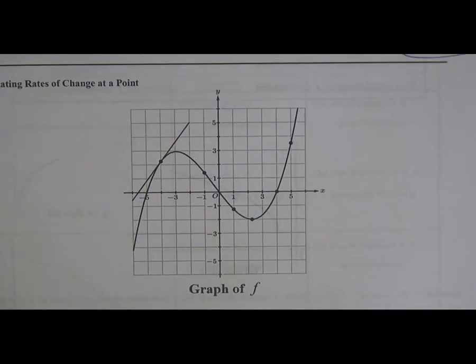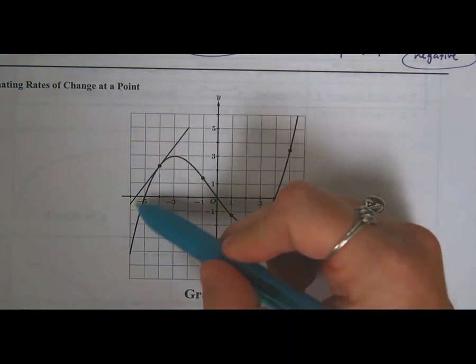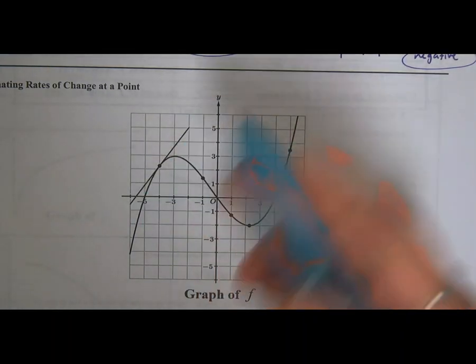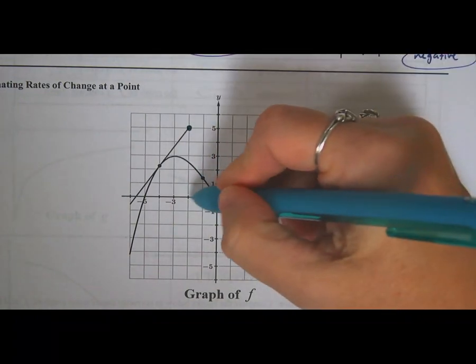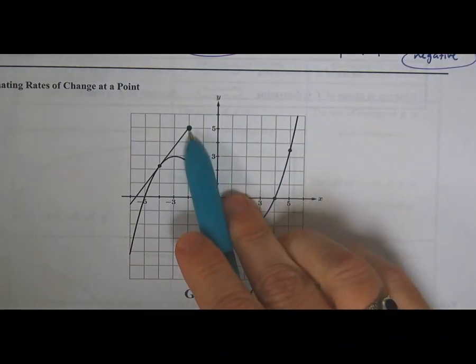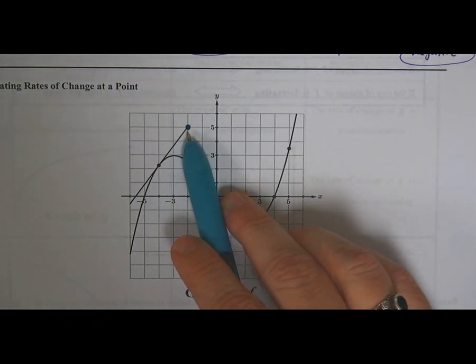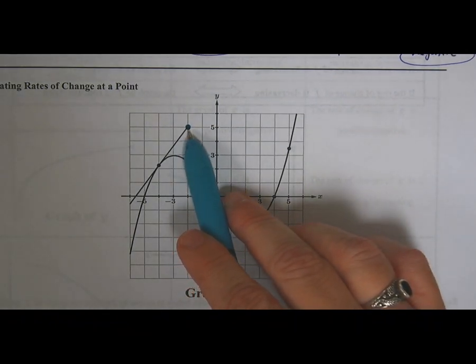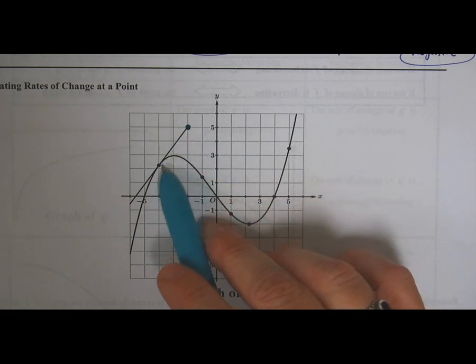Now, we're going to have to estimate. That's the key word here. Because if you're trying to find the slope of a line, what you need is two really clear points. And I like this one up here, this -2, 5, where it's going right through what I feel is negative 2, 5. And then we're just going to have to estimate a little bit on the slope.